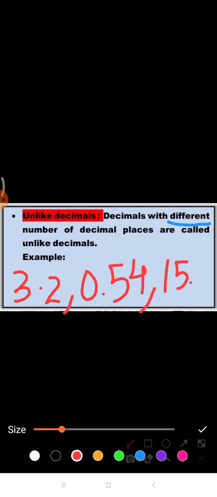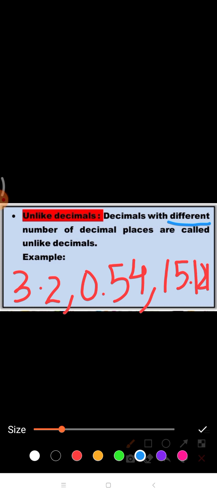Let's understand another type of decimal, that is unlike decimals. Decimals with different number of decimal places are called unlike decimals. For example, we have 3.2, 0.54, 15.121.